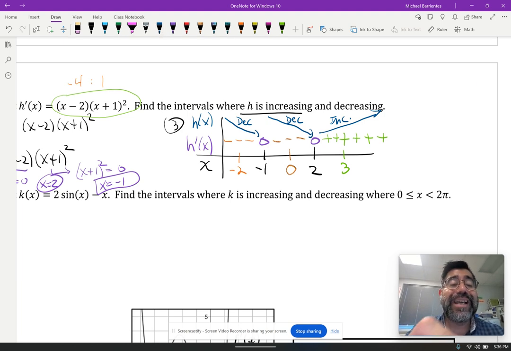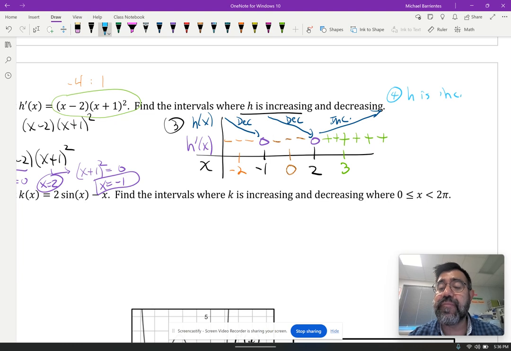So therefore, I can say with confidence that this is step number 4. H is increasing on the interval for x's that are greater than or equal to 2 because h prime is greater than or equal to 0.